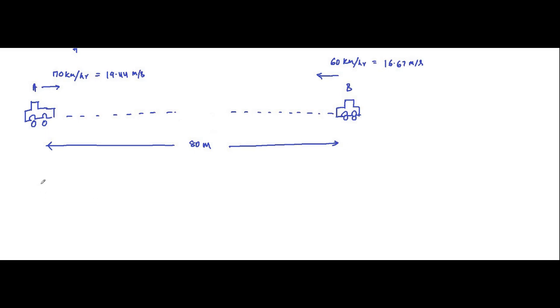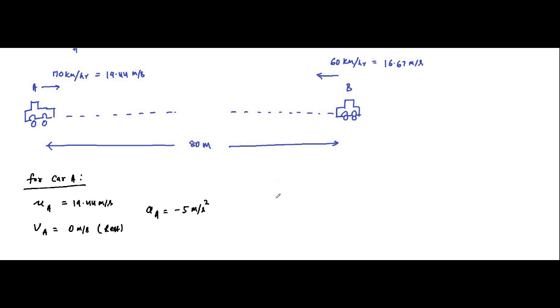So here for car A, initial velocity is 19.44 meter per second. Final velocity is 0 meter per second because it will come to rest, it will come to stop because of the application of brakes. Acceleration is minus 5 meters per second square.